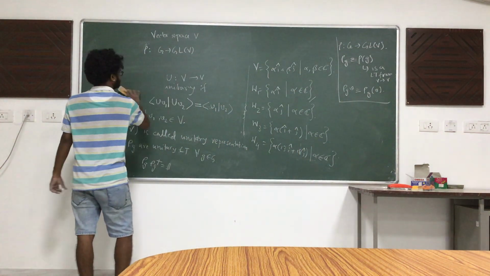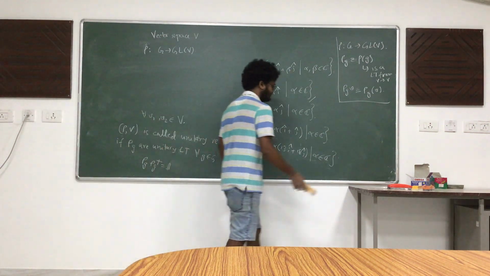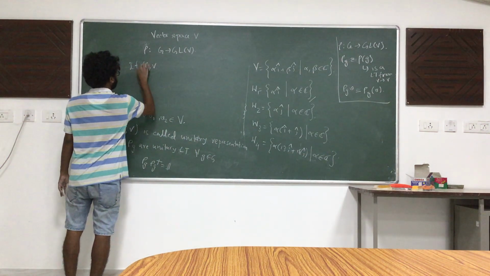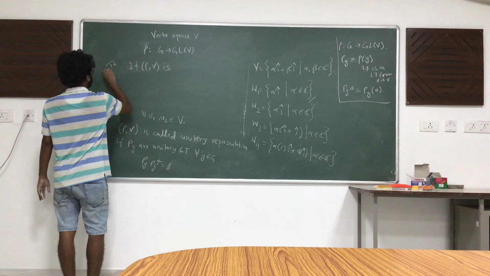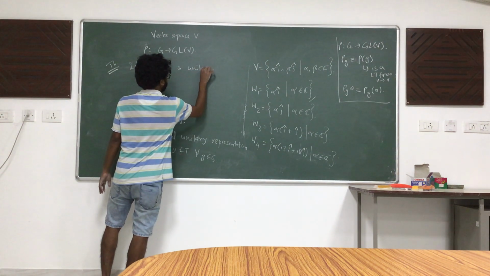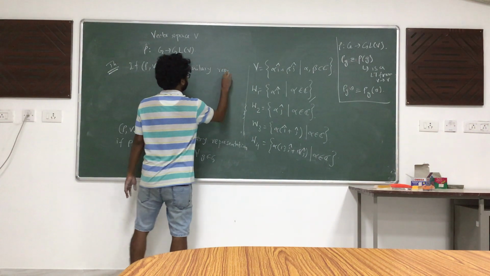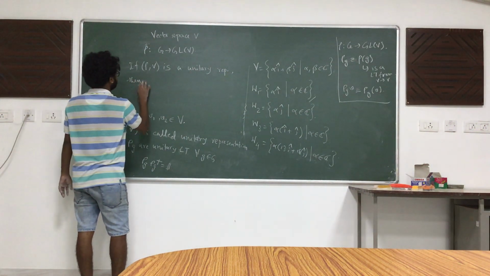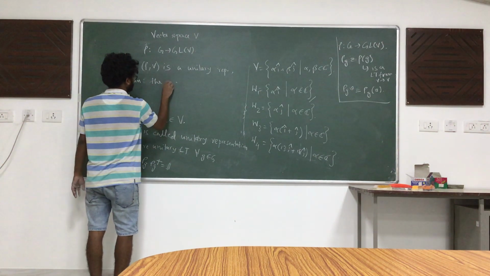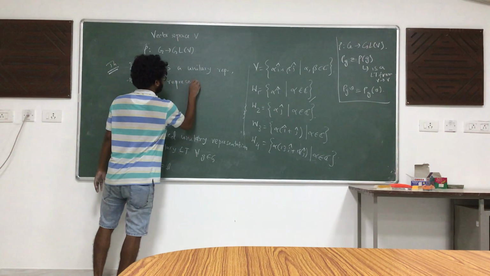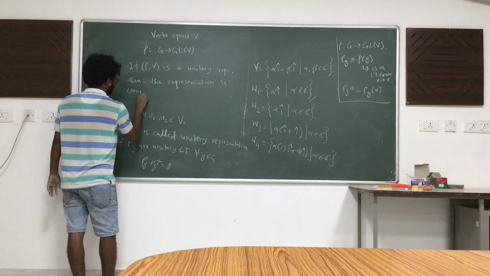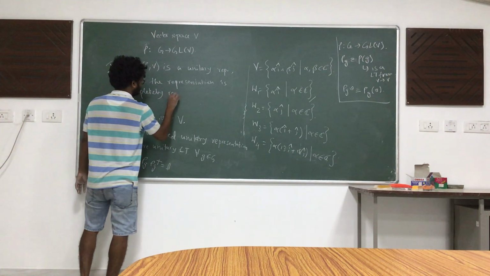Now, the theorem says if rho V is a unitary representation, then the representation is completely reducible.